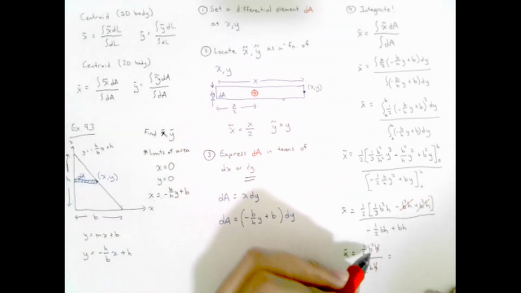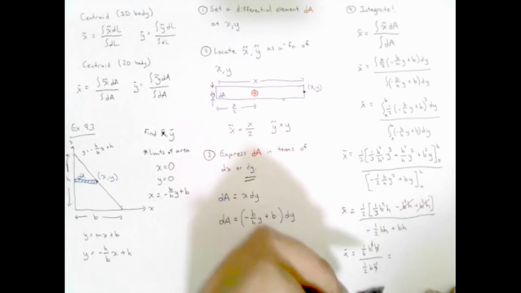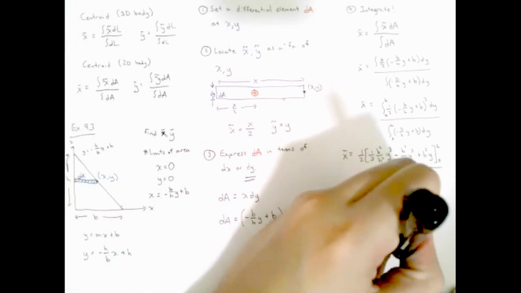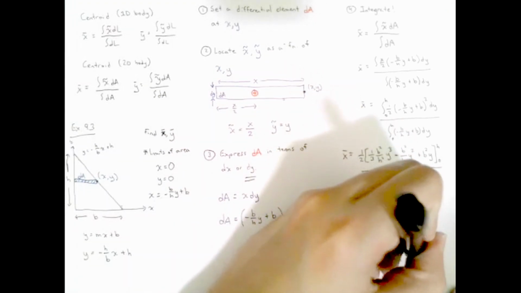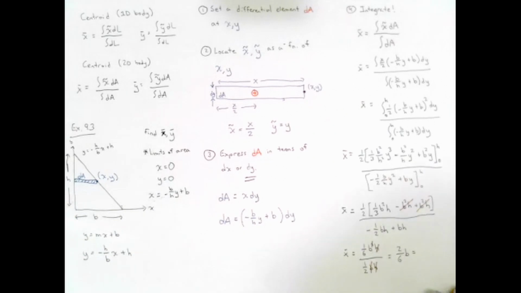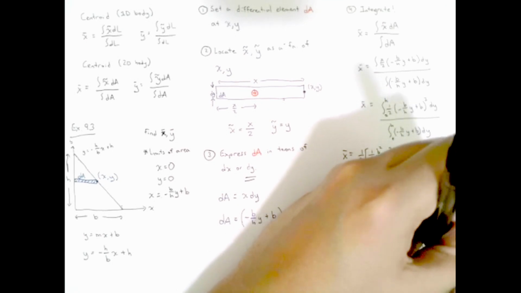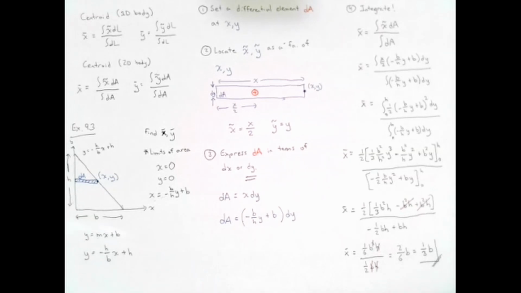Notice that one of the b squareds in the numerator cancels out with the b in the denominator. And this gives me 2/6 of b. And if we multiply by 2/2, this will give me 1/3 of b. And that is the x coordinate of the centroid.